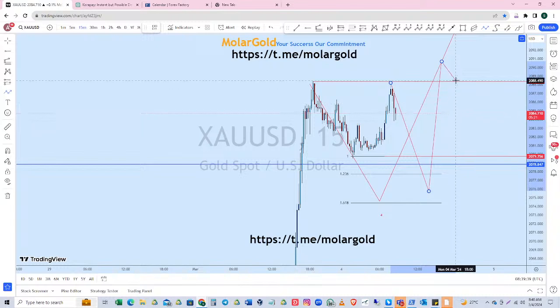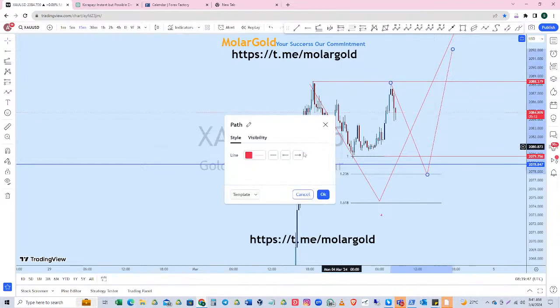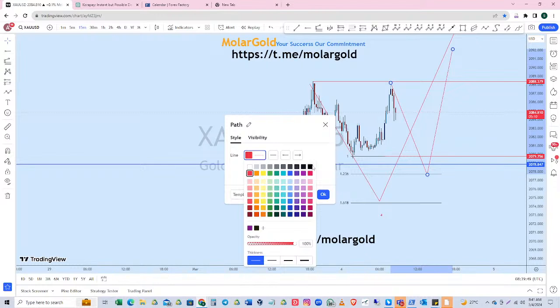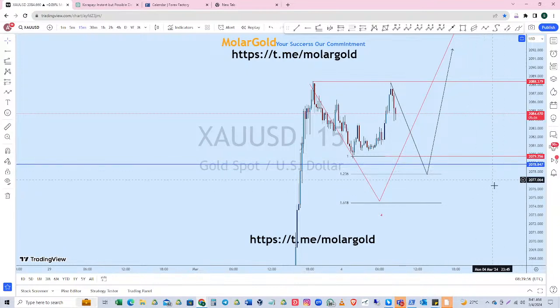Okay, guys, 2079 is the price. Somewhere around 2079, 2078, we should start seeing the buys.